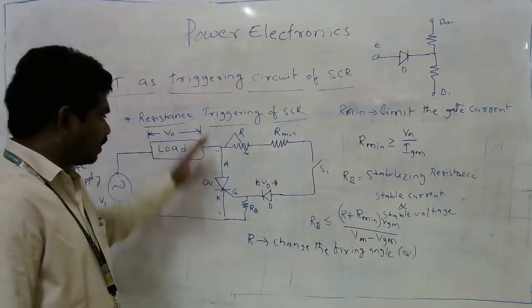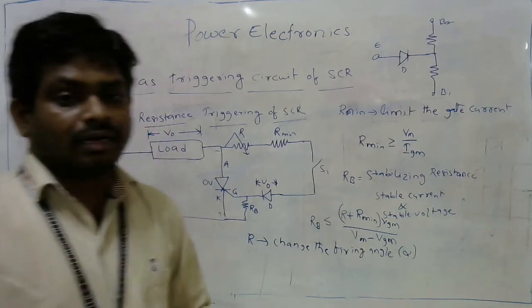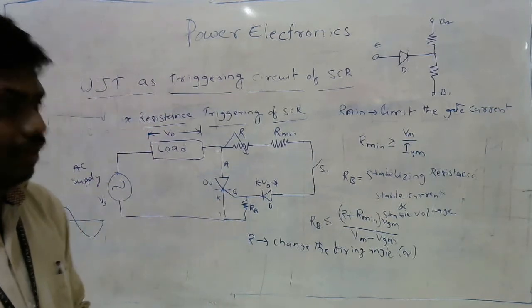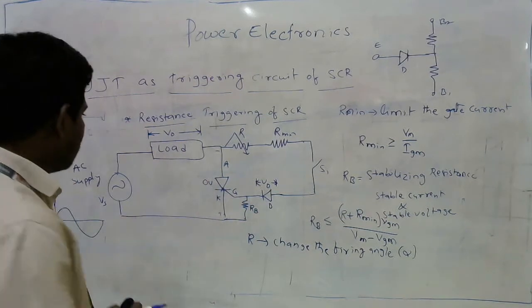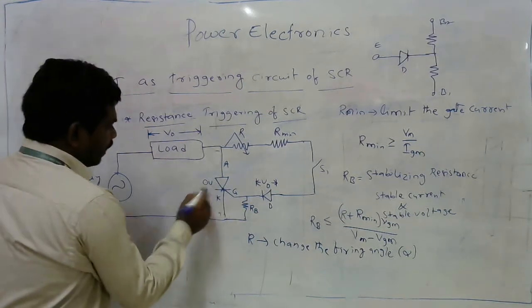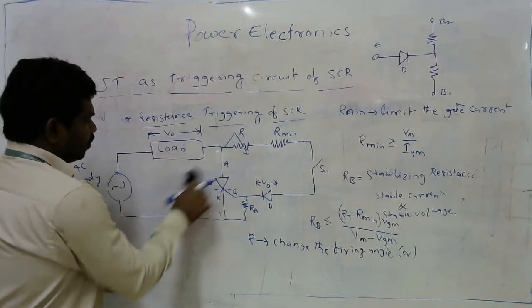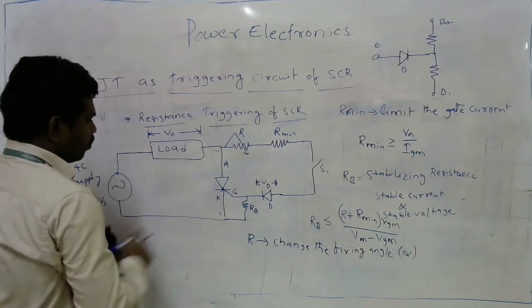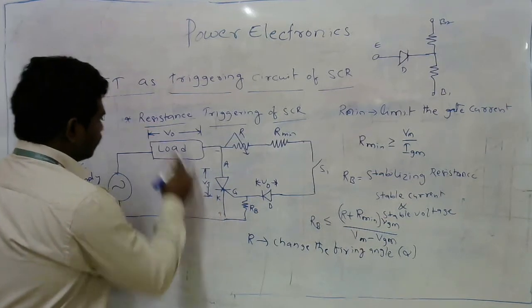Meaning whatever anode current is flowing through the device comes back below the value of holding current, so that the SCR is going to be opened. If the SCR is opened, what happens? Whatever voltage we are applying across the circuit will be available across the device. This is VT that I am calling, this is V0.